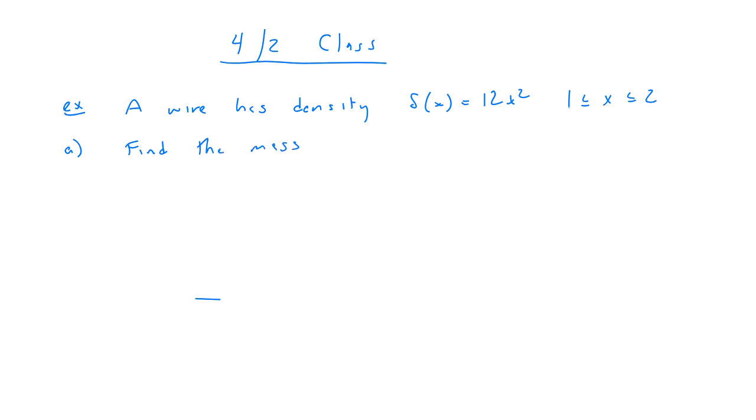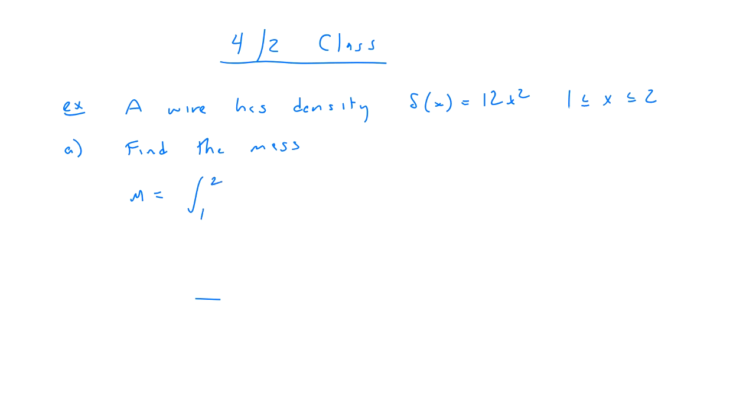So these first two parts were actually on it. So hopefully you know how to do this part. So a wire has this density, 12x squared from 1 to 2. How do I find the mass? In some ways, part of it should be obvious, which is integral. So it'll be the integral from 1 to 2.